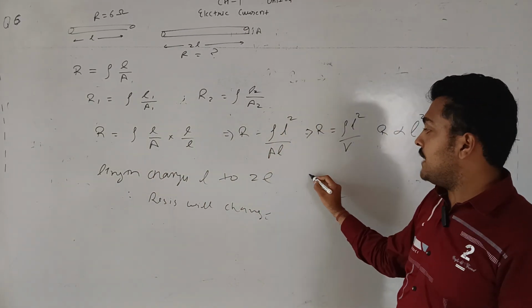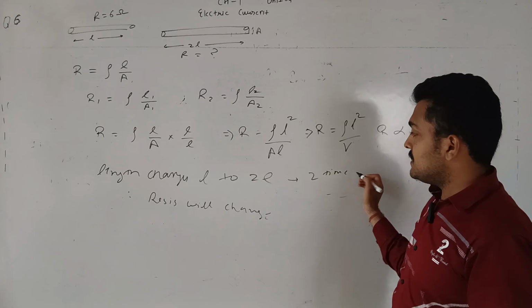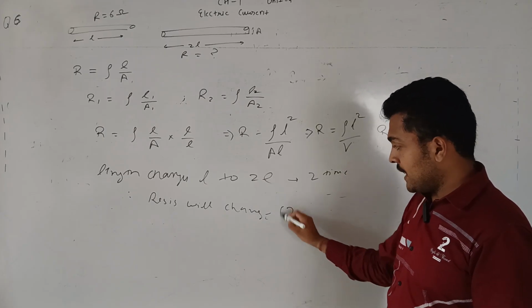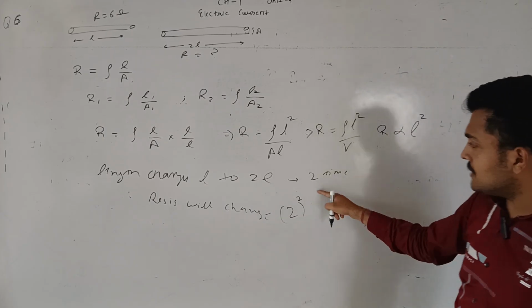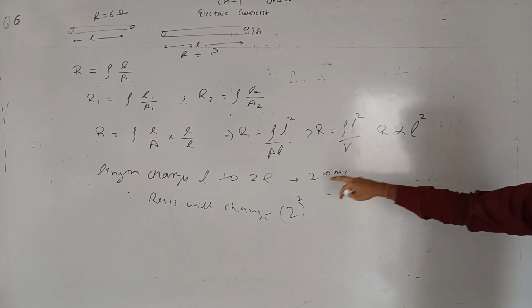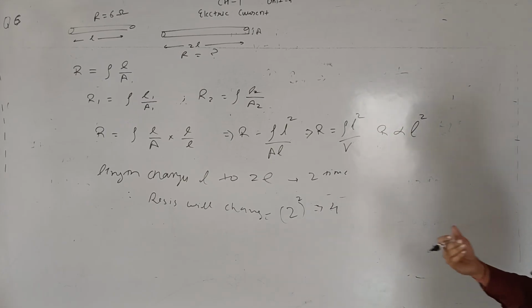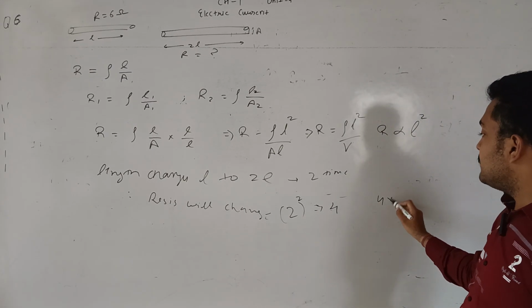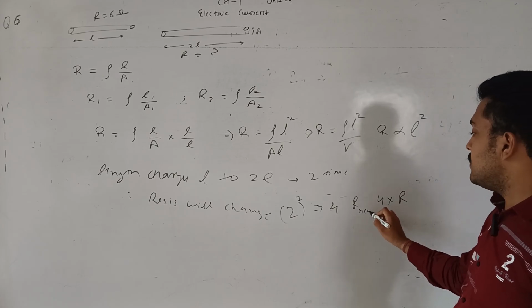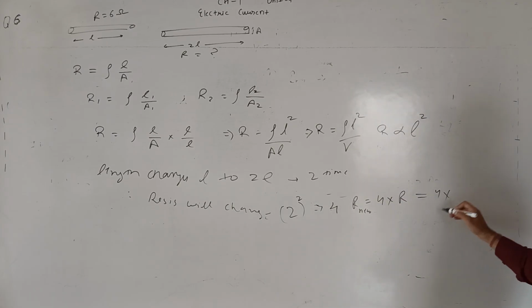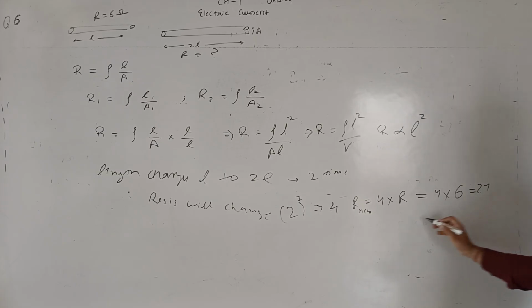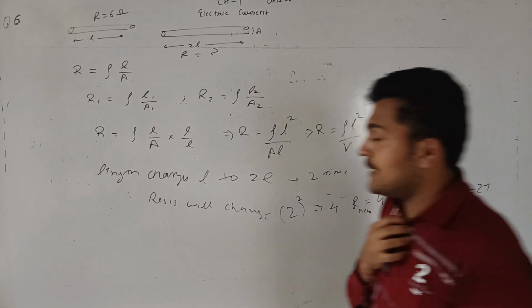If the length is changed 2 times, resistance will change 2 raised to power 2 times, because it is proportional to the square of length. So the resistance will increase by 4 times. The new resistance will be 4 times the previous resistance, which is 4 into 6, and 6 4s are 24. So 24 ohms is the new resistance of the wire after it gets stretched.